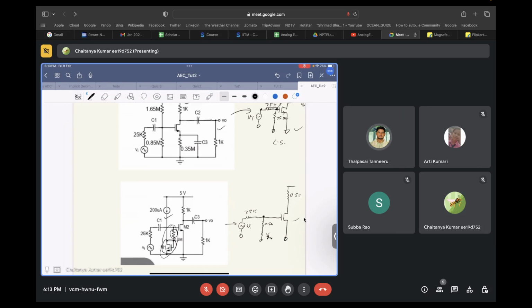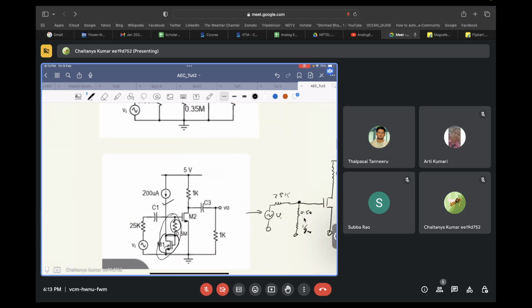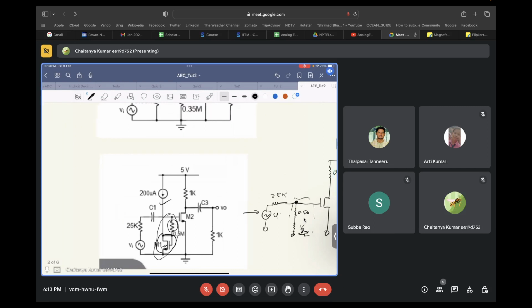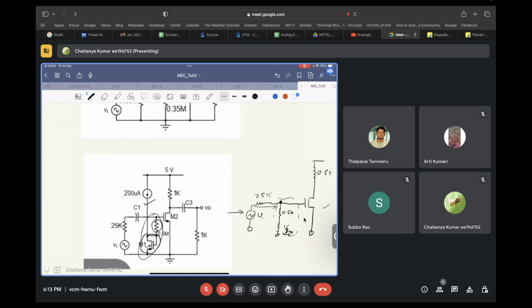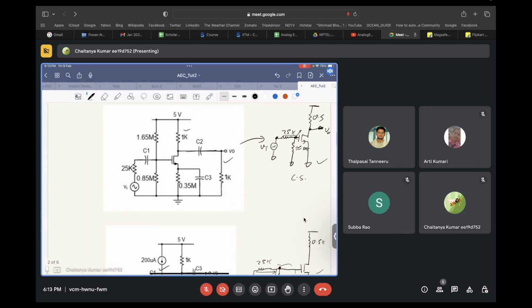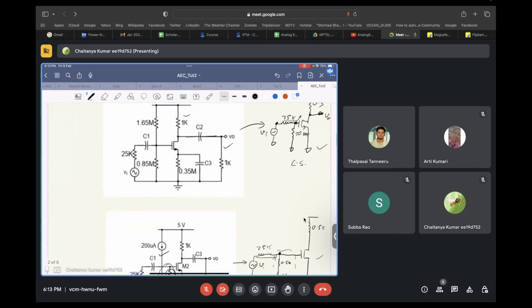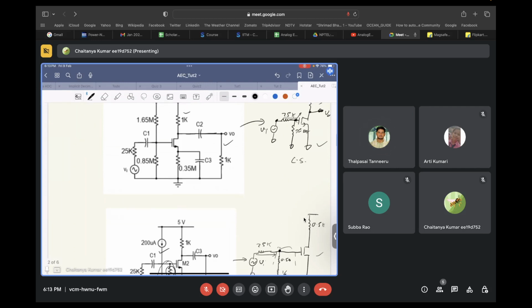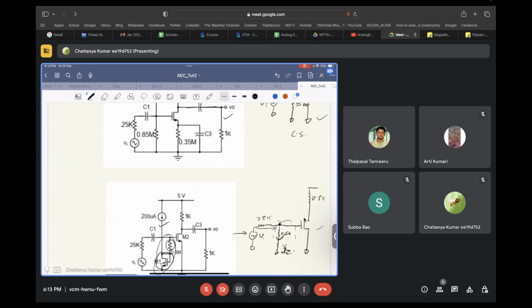Even in small signal analysis, there is some resistance of 0.5 mega ohms plus some 1 by gm, which is almost zero, and then there is a 25 kilo ohm resistance. In this also, this is what is this going to be? 0.85 mega ohms in parallel to 1.65 mega ohms, somewhere in hundreds of kilo ohms, exactly same as what we have over here.